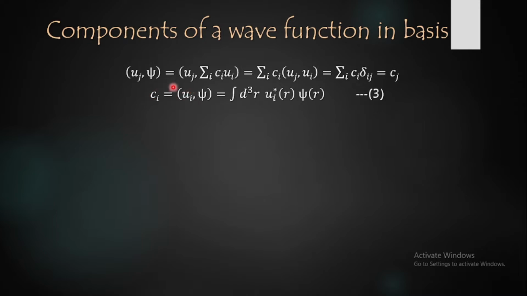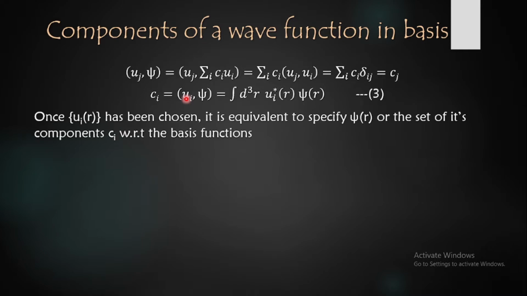The component Ci of xi of r on ui of r is therefore equal to the scalar product of xi of r by ui of r. This is what it means. So once the basis set ui of r has been chosen, it is equivalent to specify xi of r or the set of its components ci with respect to the basis functions.